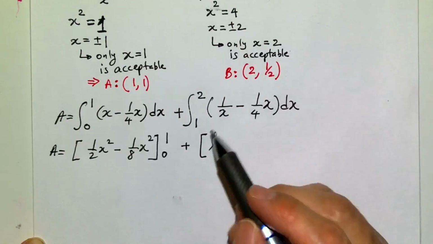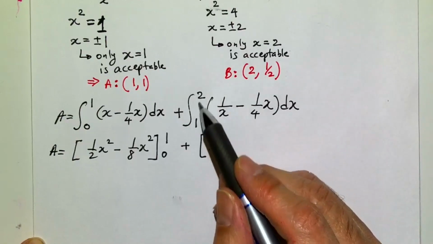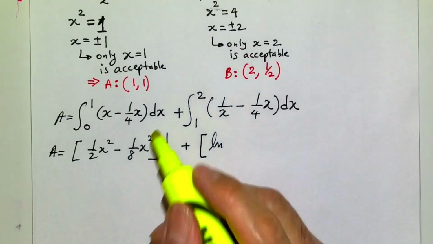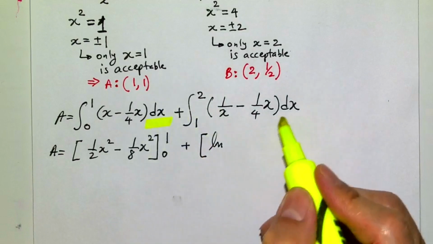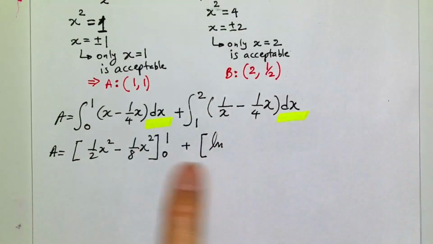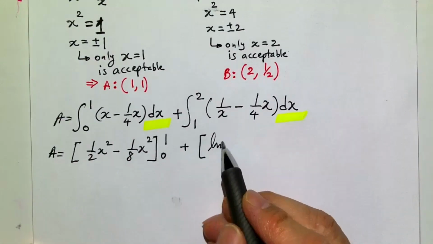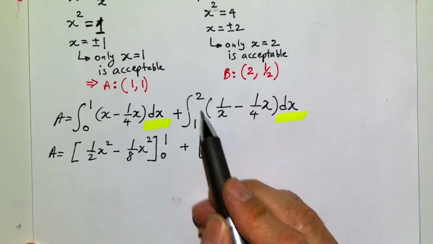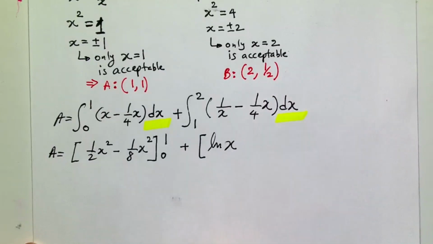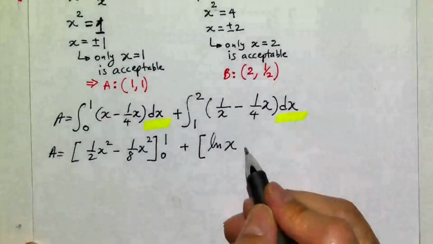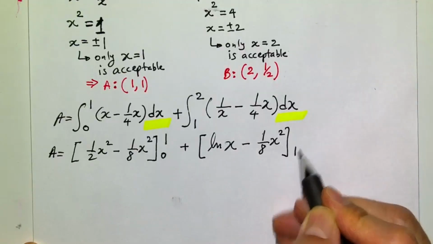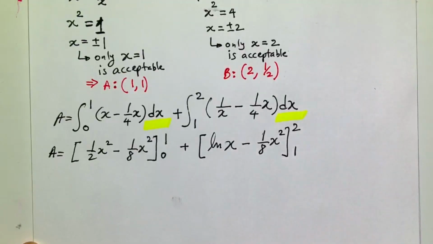We don't need the absolute value because from 1 to 2, x values are positive. And of course, I have to highlight that we're integrating with respect to the x variable. So I just write natural log of x minus 1/8 x squared, going from 1 to 2, right?